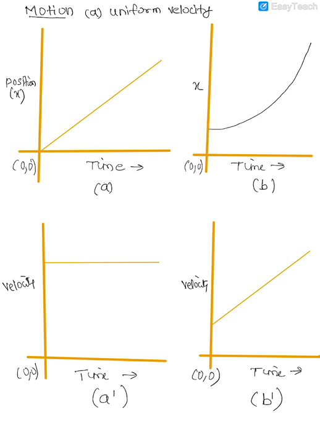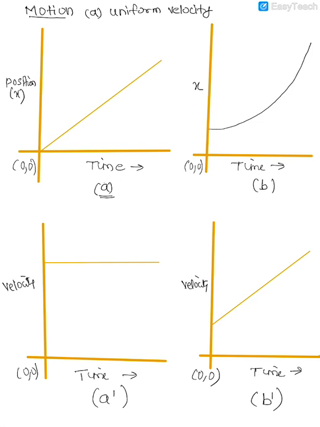Okay, so when you look at diagram A, you'll find that uniform velocity does not mean the body is at rest. The body is moving, the position of the body is changing, but the change in position is constant with respect to time.